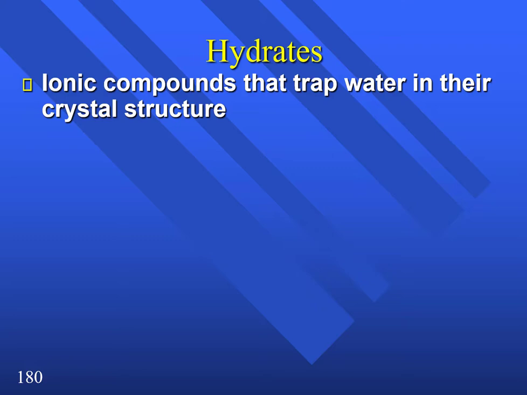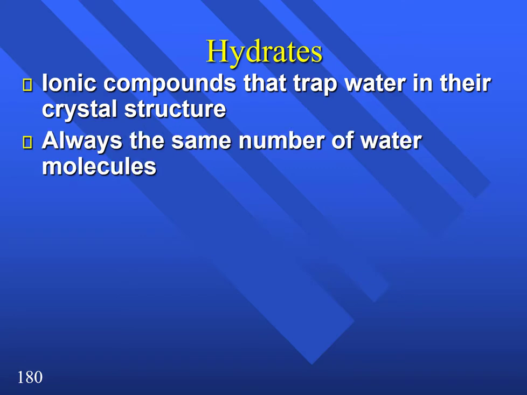Okay. And there's got to be a best structure. There's got to be a best way to put them together. And if there's a best way to put them together, they're always going to be that way. So you're always going to have the same number of water molecules for every ionic compound. It's not going to be some random number. That chemical gets this much water every time.